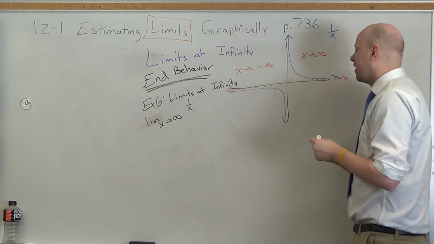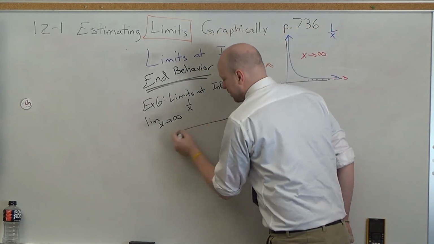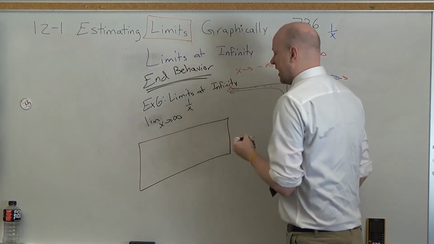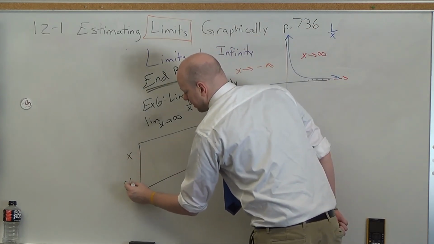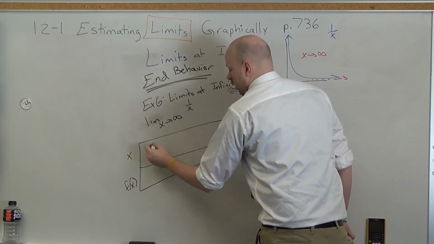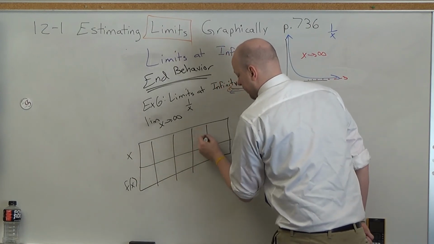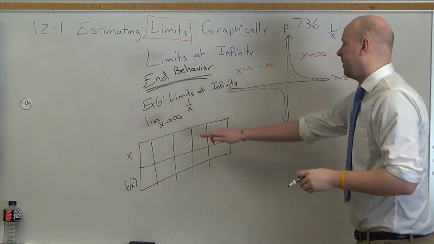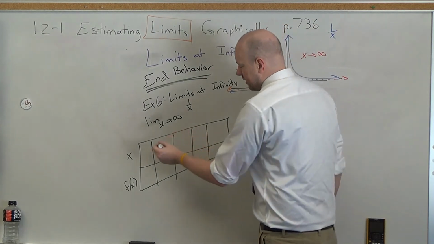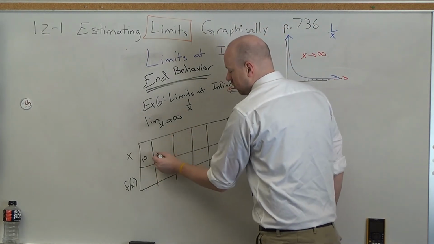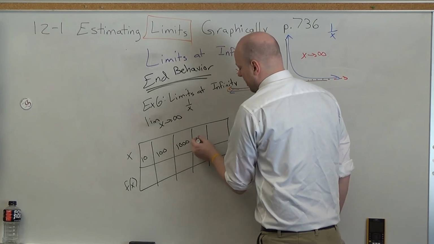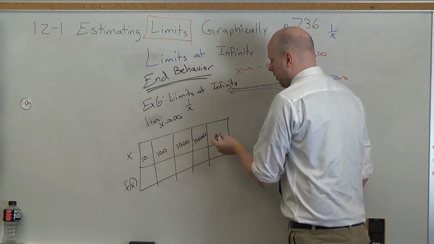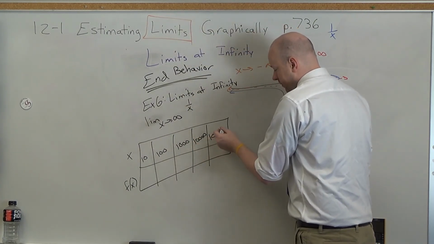Now, if we're only doing one direction on our box, we only have to include the one direction. So f of x. So if we're going to positive infinity, we pick some easy numbers: 10, 100, 1,000, 10,000, and then, I don't know, 100,000.